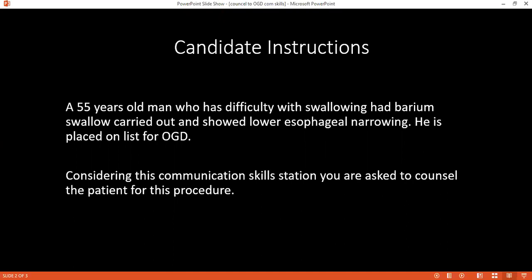We can look inside, and we may also widen the narrowed part, which was previously discovered with barium images, and take a sample from the lining of your food pipe. So, do you understand, Mr. Jack?